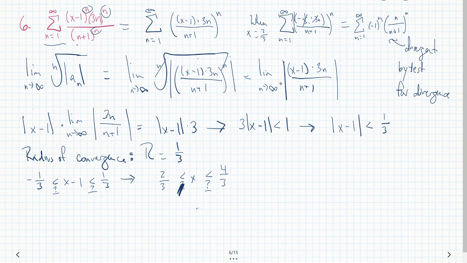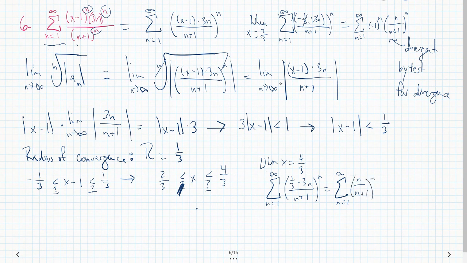So the other scenario, when x equals 4/3, just an FYI, you'll get the summation n equals 1 to infinity of 1/3 times 3n all over n plus 1 raised to the nth power. And notice that just becomes the summation n equals 1 to infinity of n over n plus 1 raised to the nth power.